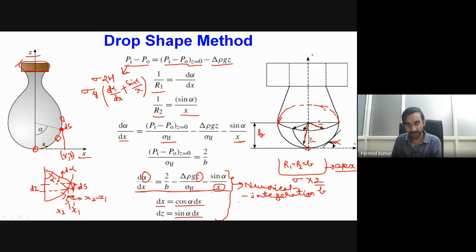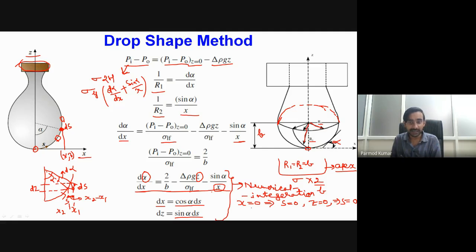conditions. The very first boundary condition is when x equals 0, at that time the value of surface s is also equal to 0. Similarly, when z is 0, then also s will be equal to 0.